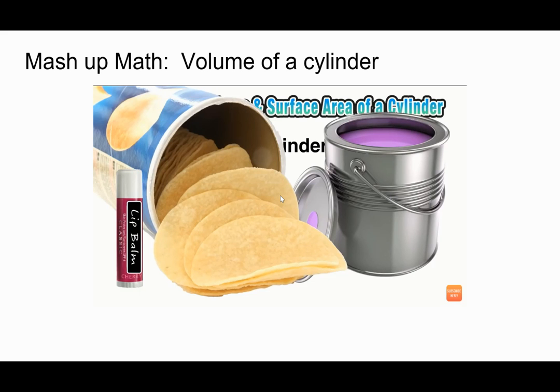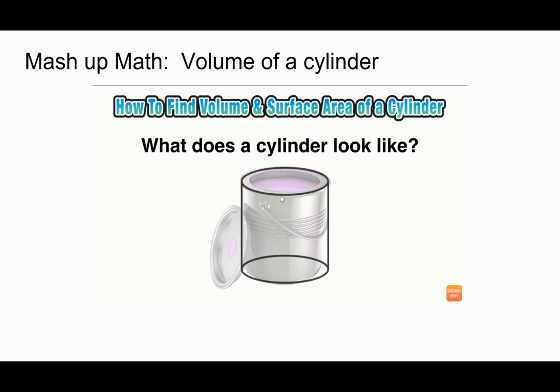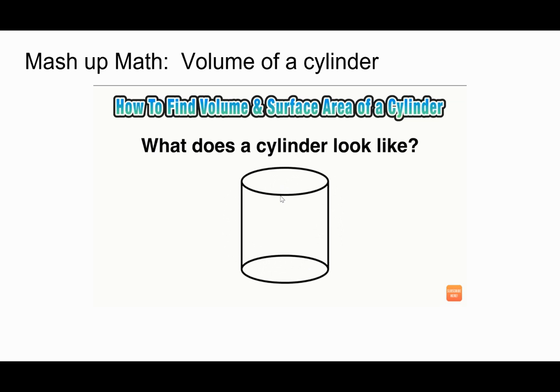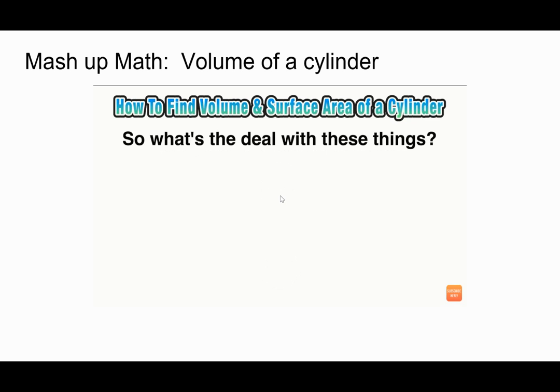Anyway, back to geometry. So in geometry, we have a very standard diagram for what a cylinder looks like. And we can think of this diagram as one of those objects that we just looked at, except that it was made out of glass and totally see-through. And we should also note that all of the concepts and relationships that we are going to discuss concerning cylinders apply to any and all cylinders of any size, shape, or orientation. Okay, so now our next question is, what's the deal with these things?